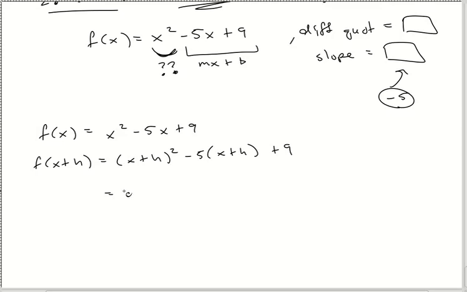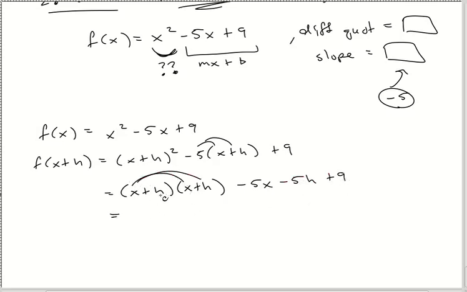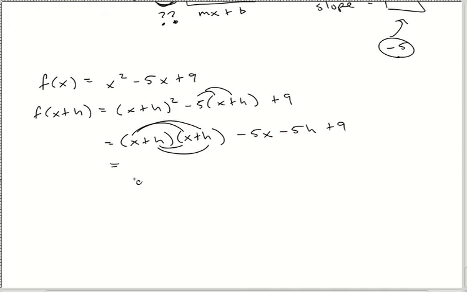So first off, let's just rewrite this as a square, meaning there's two of them. Distribute the -5, so -5x minus 5h, and then plus the 9. Notice here I need to FOIL this one out. And so then I've got x squared plus 2xh plus h squared.